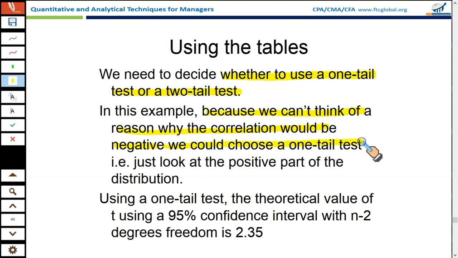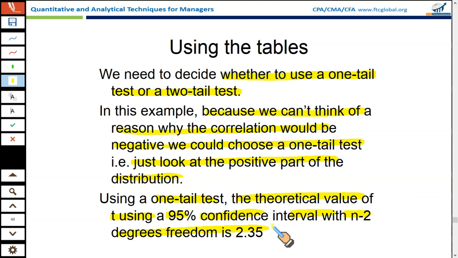We could choose a one-tail test just to look at the positive part of the distribution to see whether there is a positive correlation between X and Y. So using a one-tail test, the theoretical value of T using a 95% confidence interval with n minus 2 degrees of freedom is 2.35. What does it mean?